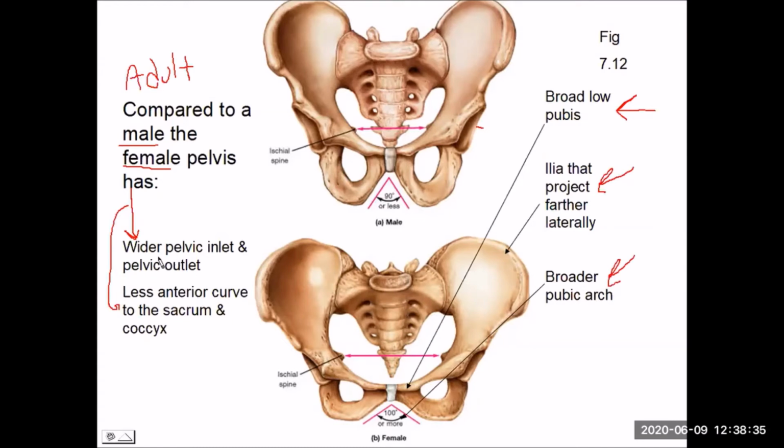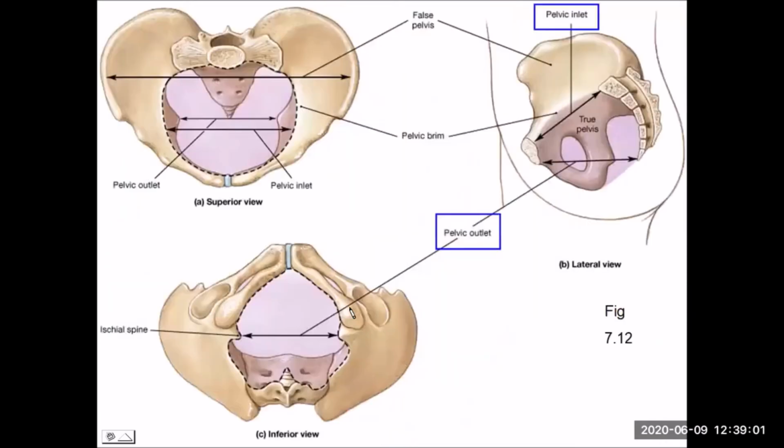So what's meant here by a wider pelvic inlet and outlet? We'll take a look at the female pelvic structure, and it's the width of the pelvic cavity, which is a broader, wider canal in women than it is in men. The pelvic inlet and outlet specifically are different.